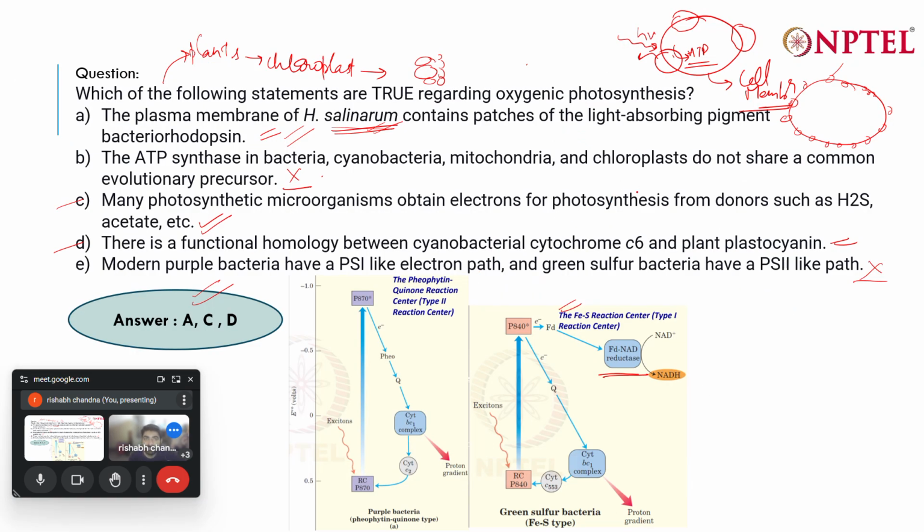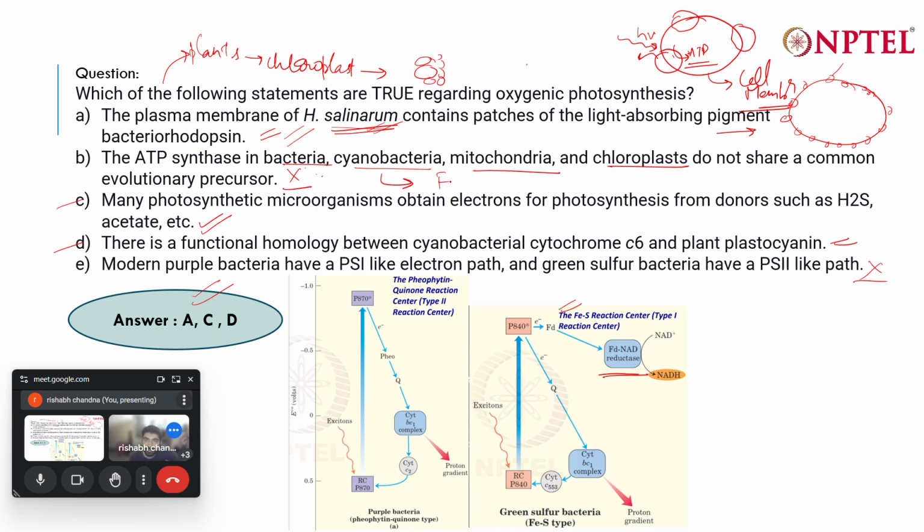Okay, so this is the first point. ATP synthesis in bacteria, cyanobacteria, mitochondria, and chloroplast do not share a common evolutionary precursor. No. Why? Because in all the cases, be it mitochondria, chloroplast, bacteria, or cyanobacteria, the basic structure of ATP synthase remains the same.